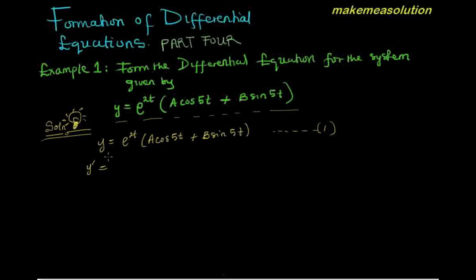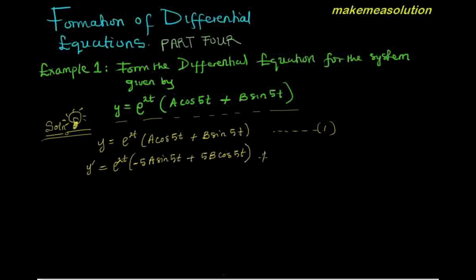Now back to obtaining y prime. To obtain y prime, you need to differentiate using the product rule, differentiating by parts. I'm going to hold e^(2t) and differentiate the brackets. In differentiating the brackets, we'll have minus 5a sin 5t plus 5b cos 5t. So I held e^(2t) and differentiated the brackets.